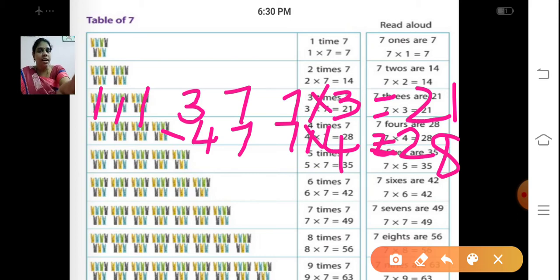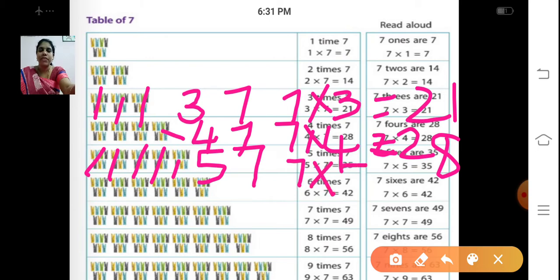Next, just see how many groups we have. 1, 2, 3, 4, 5 groups. Here we have 5 groups. In each group 7, right? So we are having 7 five times. 7 fives are, add all together. In each group we are having 7. 7 plus 7, 14. 14 plus 7, 21. 21 plus 7, 28. 28 plus 7, 35.